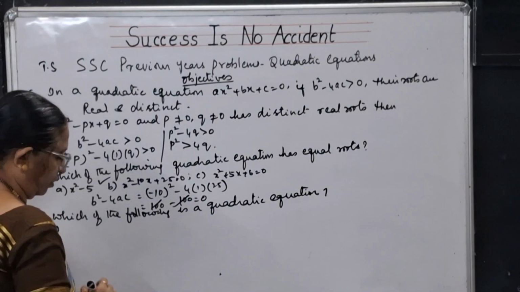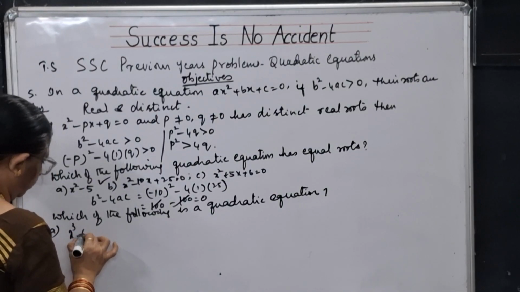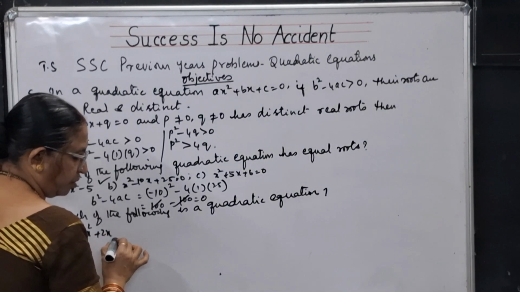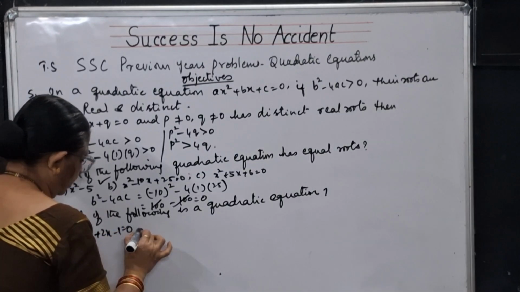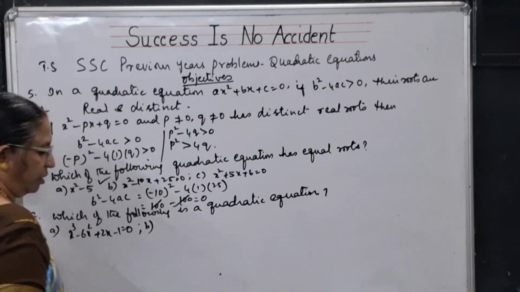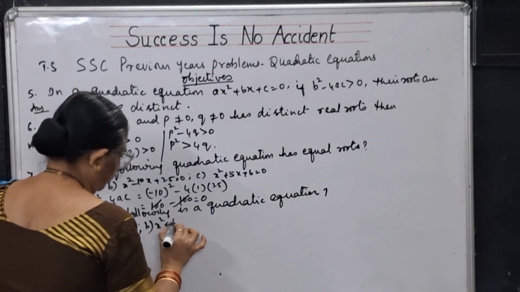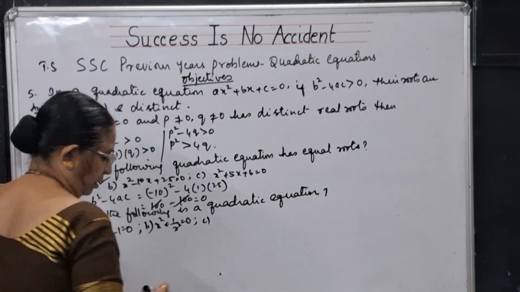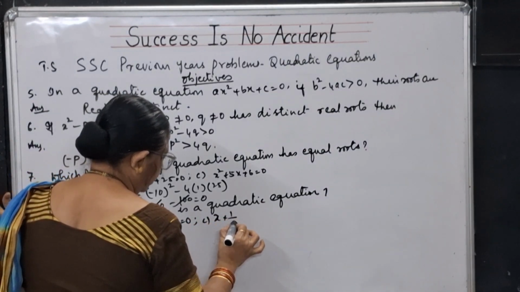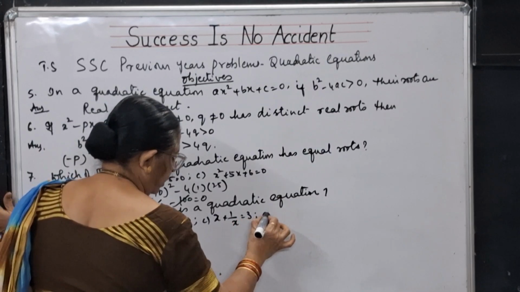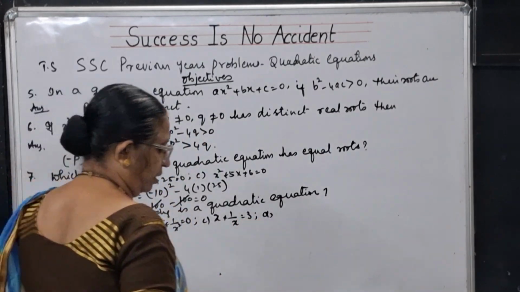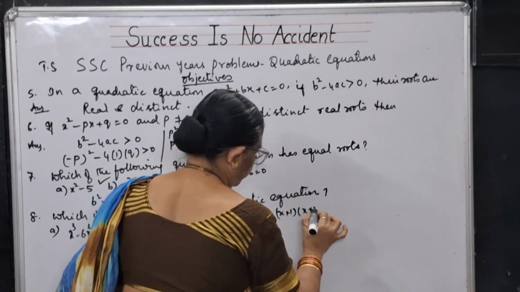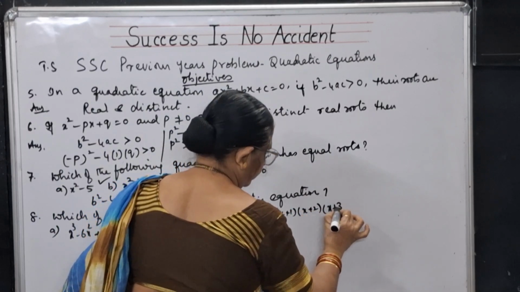So a bit is given x cube minus 6x square plus 2x minus 1 is equal to 0, and b is x square plus 1 by x square is equal to 0, and c is x plus 1 by x is equal to 3, and d is x plus 1 into x plus 2 into x plus 3 is equal to 0.